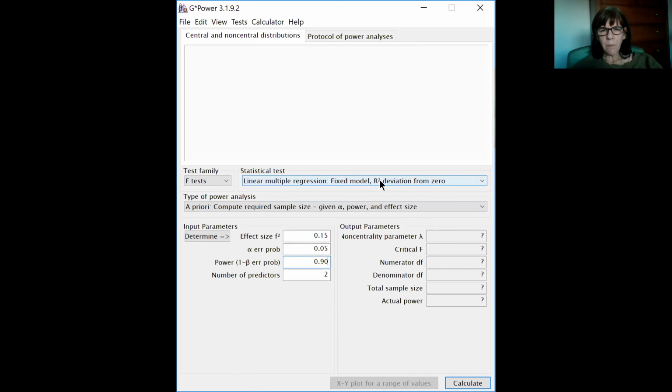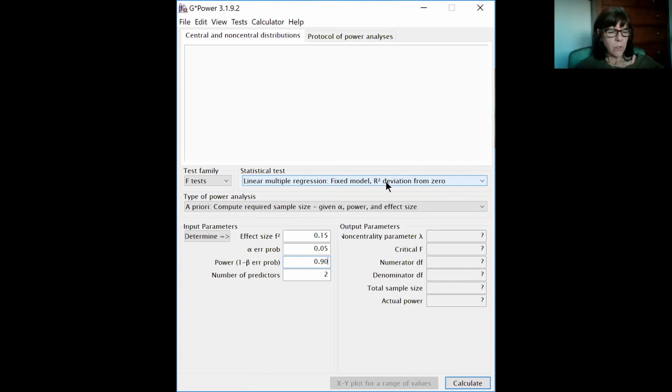The most important thing that you need to know about this: there are fixed and random effects, where you're much more likely to be doing fixed effects in any kind of work you do. This is kind of beyond the scope of the class. And you're looking at R-squared deviation from 0, which means it's kind of like the null hypothesis is 0.